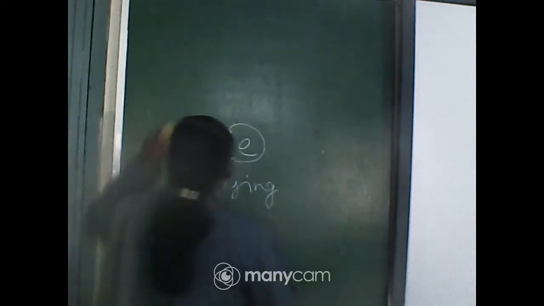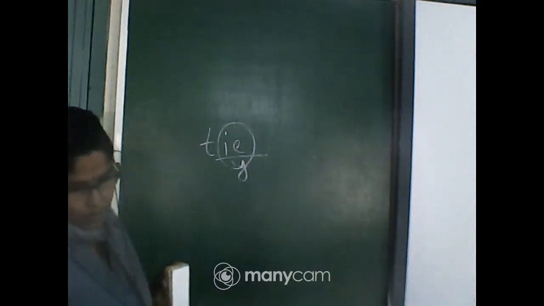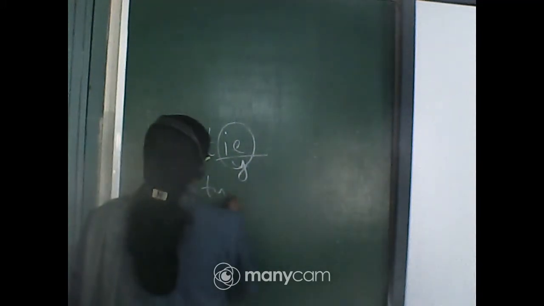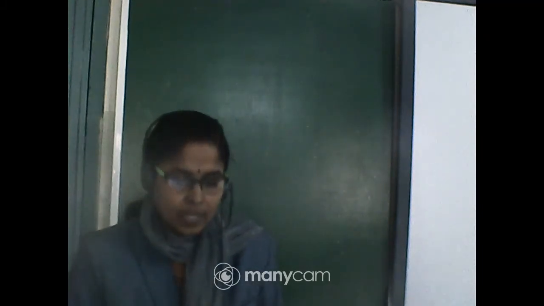Another example is tie. Look, ie. So we will turn ie to y. Then lie, lying. So in this way we make present continuous form of verb.